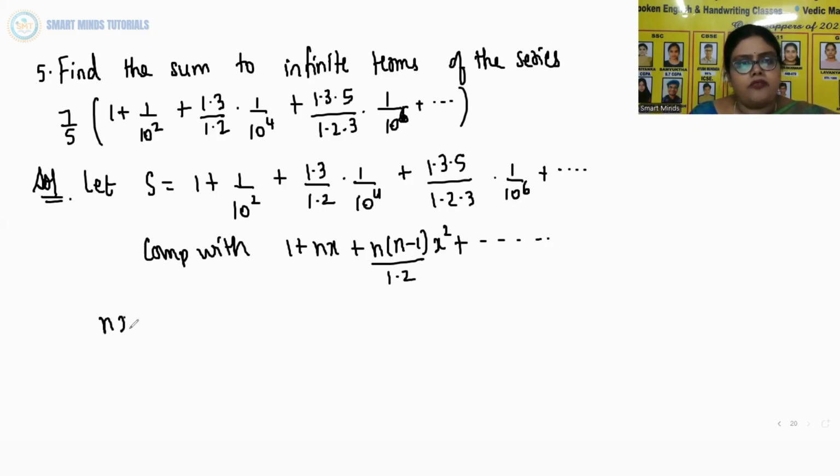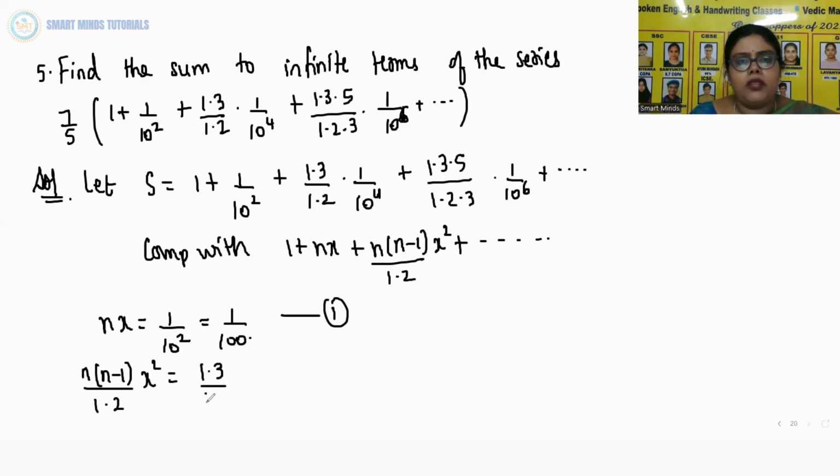So in the place of nx you have 1 by 10 square, that is 1 by 100. This is equation number 1. And in the place of n into n minus 1 by 1 into 2 into x square, you have 1 into 3 by 1 into 2 into 1 by 10 power 4. So over here, we take 1 x inside and 1 x I will write along with n.